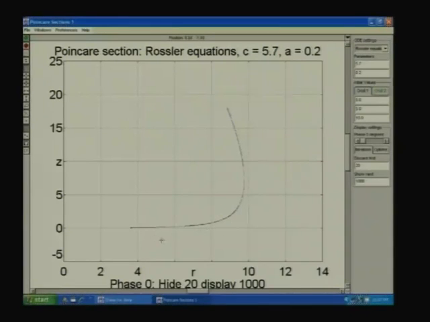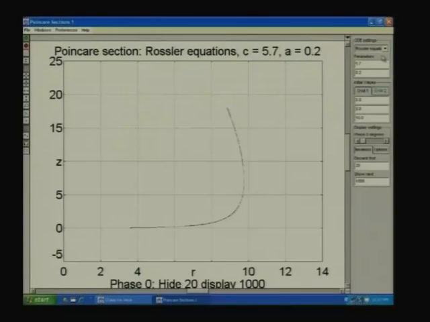Can you see that? It shows a very definite structure, not just any which way, it has a very concrete structure. And there are actually an infinite number of points placed on this. So, that is the structure of that orbit, as seen on the Poincare plane. There are infinite number of points there.